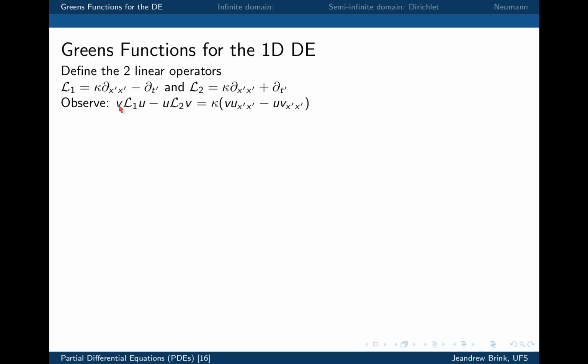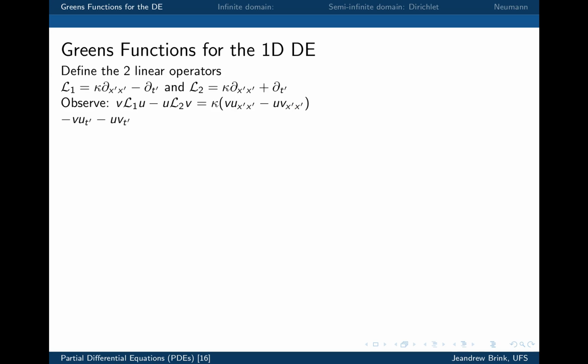Okay, so let's just work out what it is. Firstly, we have V times L1 applied to U, minus U times L2 applied to V. The second derivative terms give V U_xx minus U V_xx.